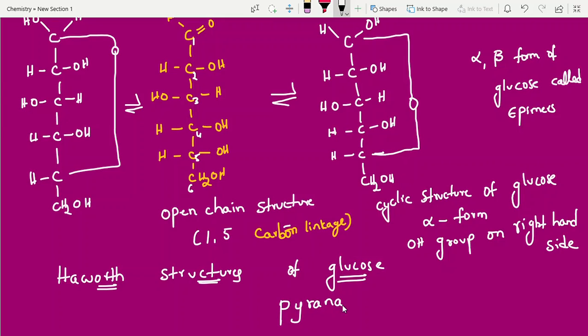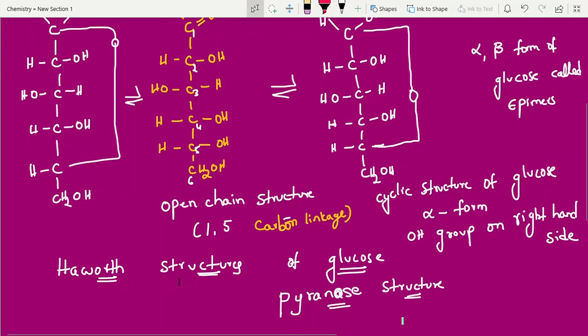Haworth pyranose structure. We are comparing with a 6-membered ring. All right hand side groups you can write down, all left hand side you can write up. That's it. Can we write now?